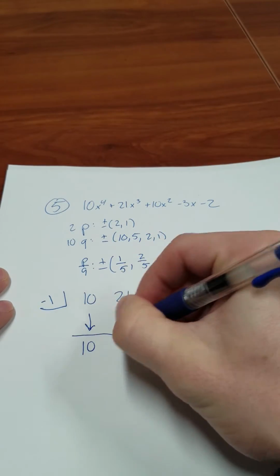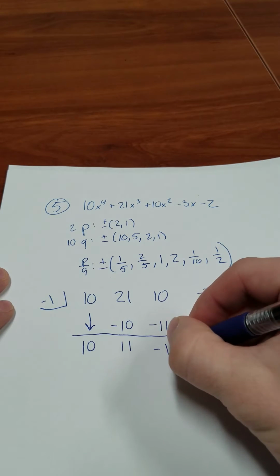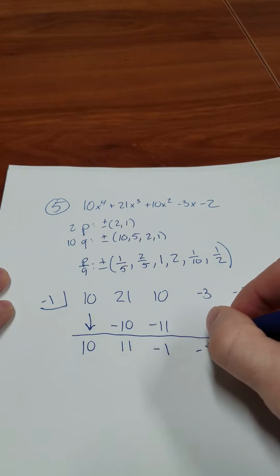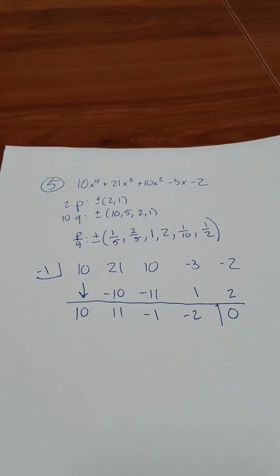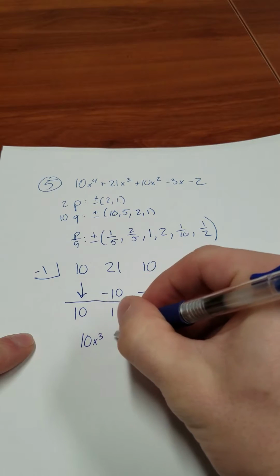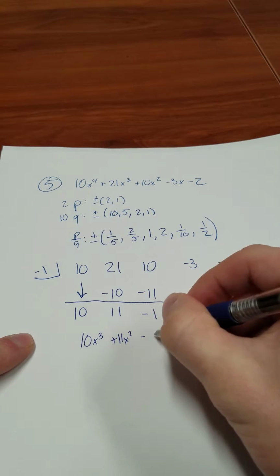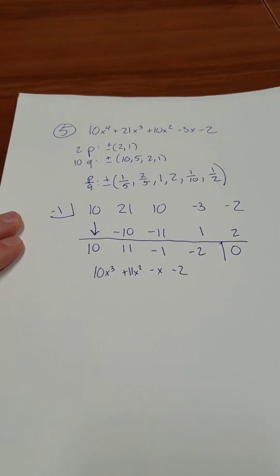So 10, negative 10, 11, negative 11, negative 1, 1, negative 2, 2, 0. Good. We guessed correctly. Now, you have an option right here. This is the polynomial 10x cubed plus 11x squared minus x minus 2. We can do factor by grouping, which works sometimes, or we can simply do p over q again.